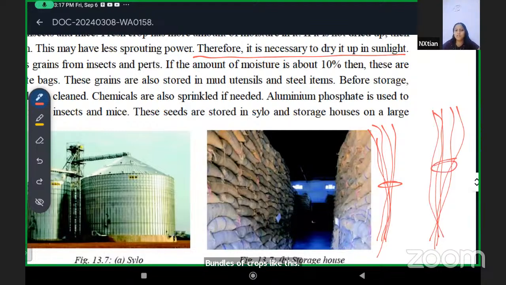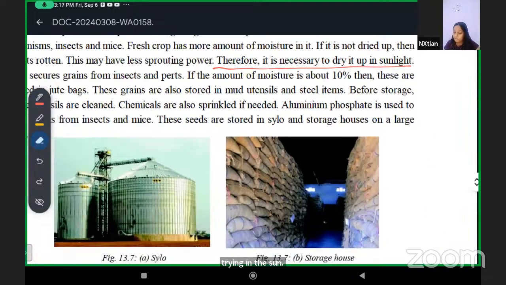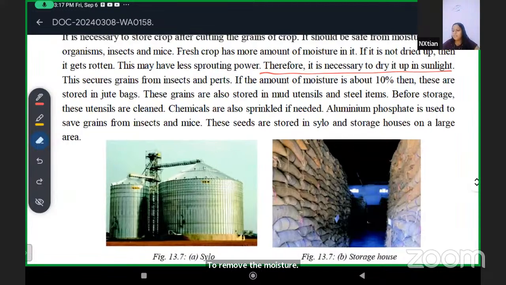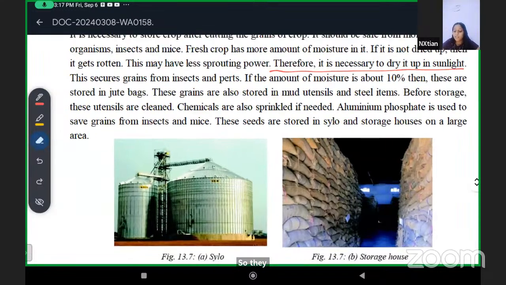So they are harvested and kept for drying in the sun, to remove the moisture. So farmers dry them in sunlight. Now this secures the grains from insects and pests. The amount of moisture is about 10%, and these are stored in jute bags.